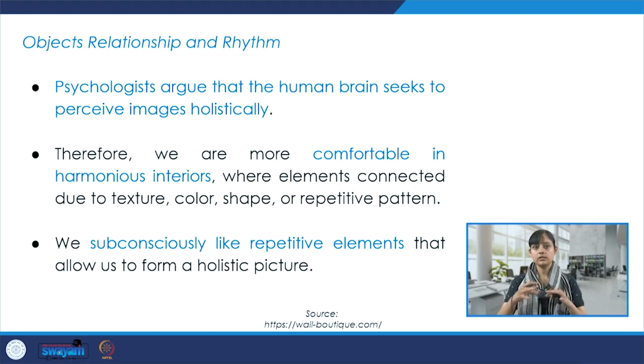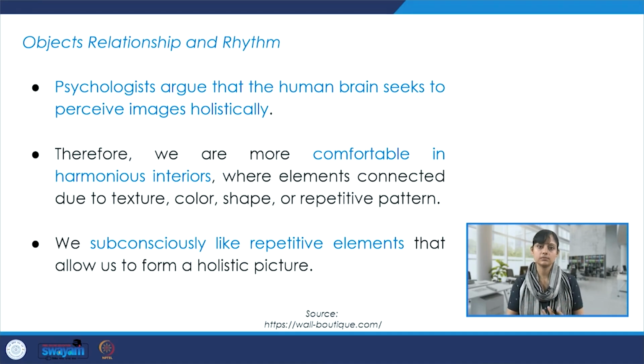Then also, what is the relationship amongst the different objects that are put together in a space? Because we as humans, as part of our behavior, perceive everything holistically. So how are we looking at different objects or elements or pieces put together, in the sense of what is the interrelationship between them? Whenever there is a harmonious interior scheme, it makes the user quite comfortable and relatable.